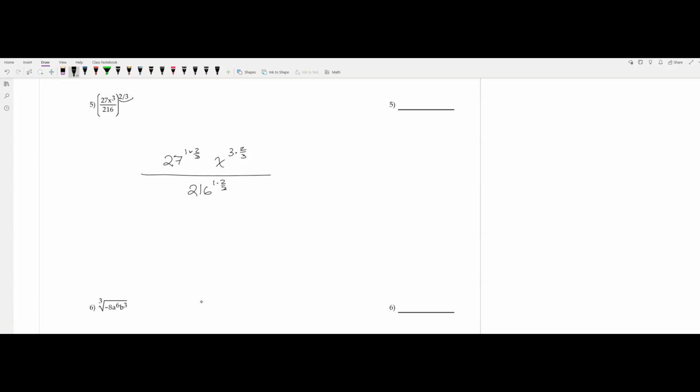Then here I just simplify. So what is this? If I do 27 to the power of 2/3, it's really 27 to the power of 1 times 2/3. And then I convert that into a radical.